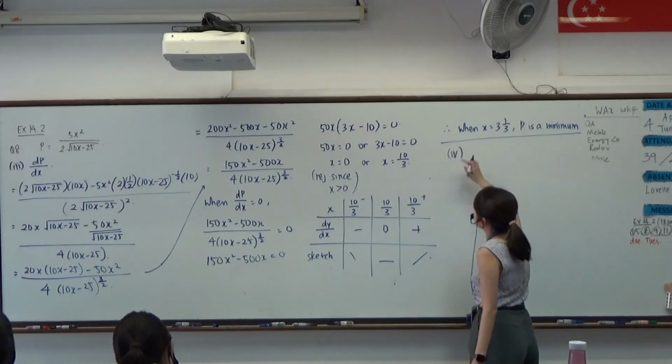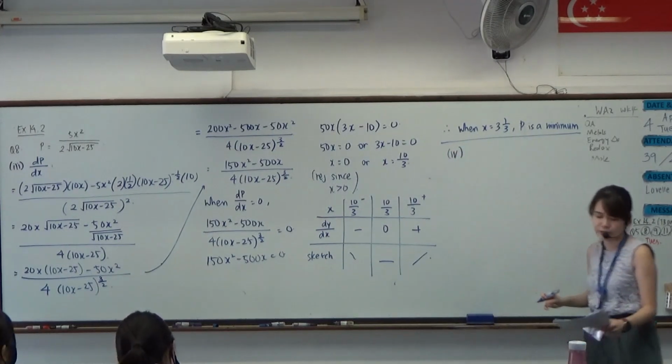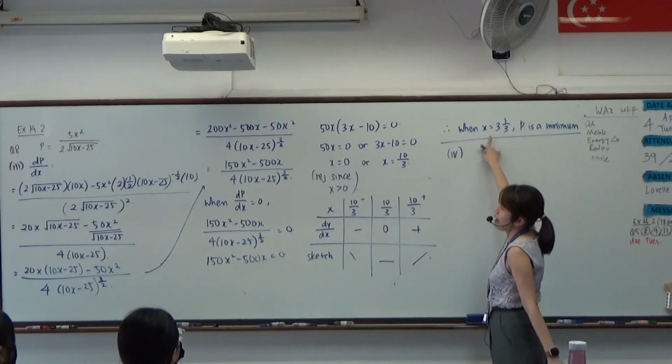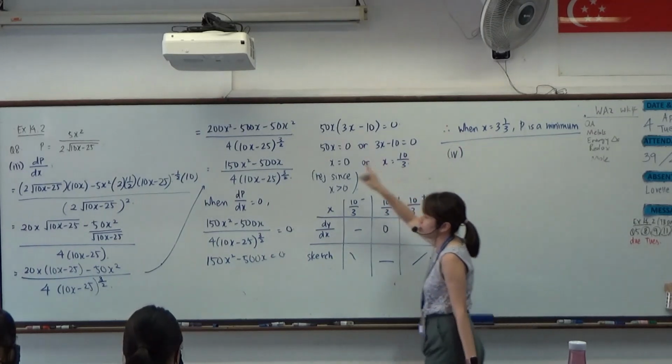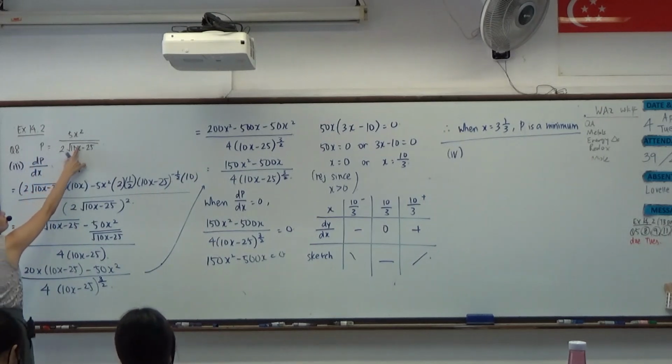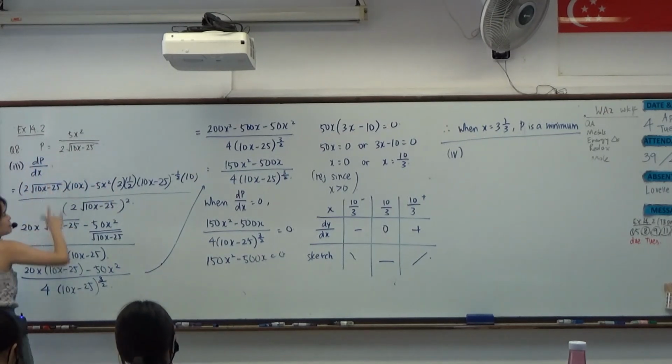For part 4, it is actually a continuation since we're trying to find out what is the minimum value of P. Since I already know that x equals to 3 and 1/3 will give me our minimum value of P, and P is equal to this, I will take 3 and 1/3 and substitute into here.